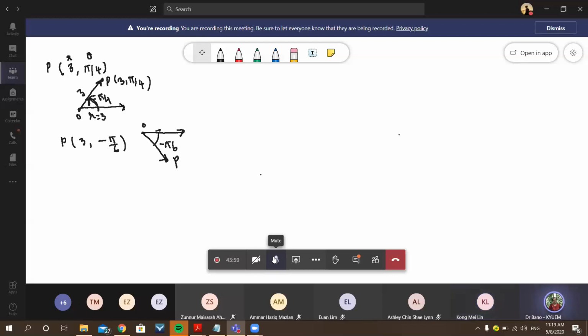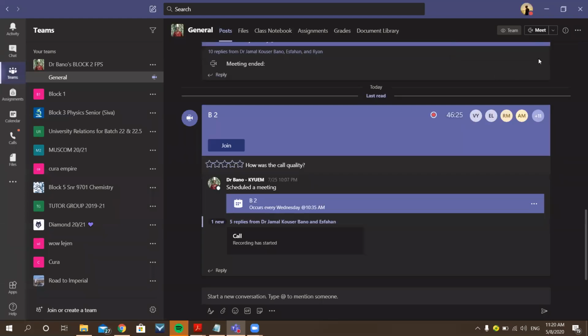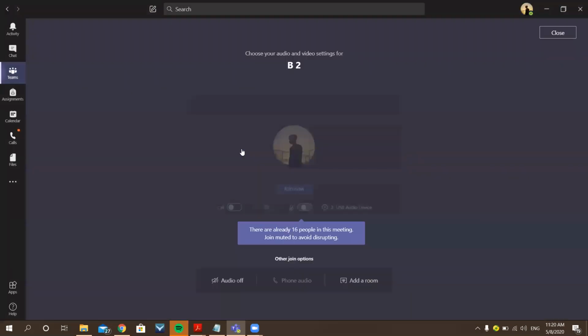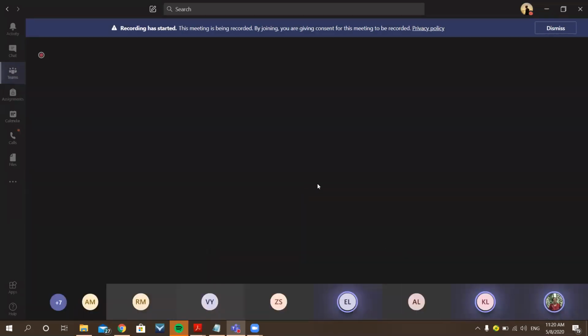Now since we have got this, can we write down x square plus y square equal to, what do you get? R square. That would be r square cos square theta plus r square sin square theta, right? Because cos square theta plus sin square theta will be 1.